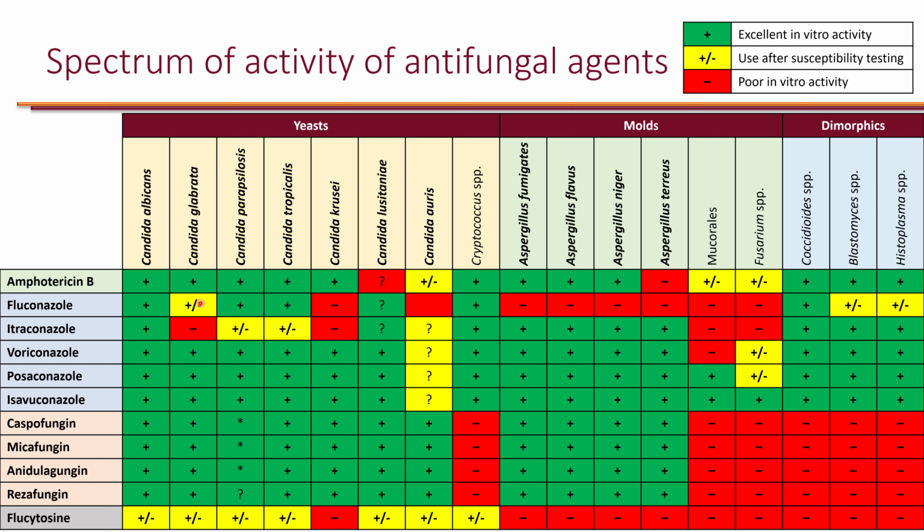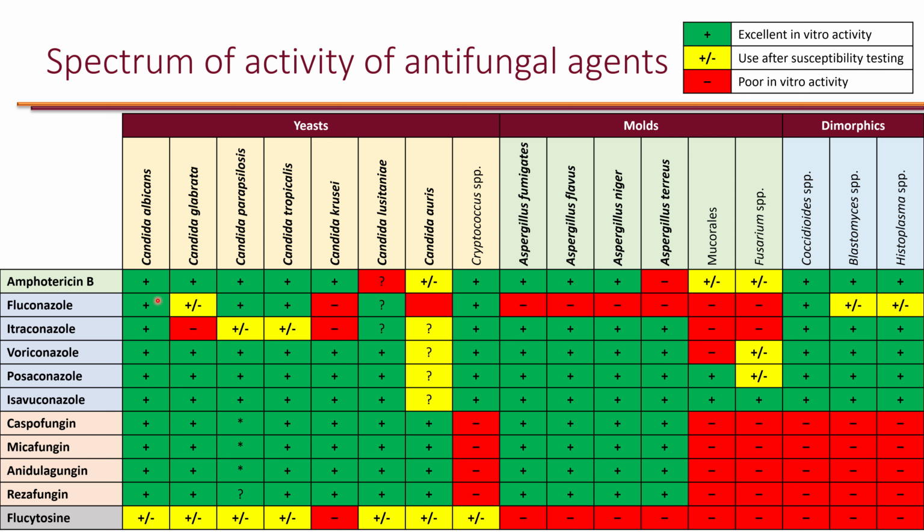So susceptibility must be checked, and in fact fluconazole might have to be given at higher doses depending on the MIC of glabrata, if it's susceptible dose dependent. And then there is just not activity against krusei, and of course auris is pretty much resistant to fluconazole.